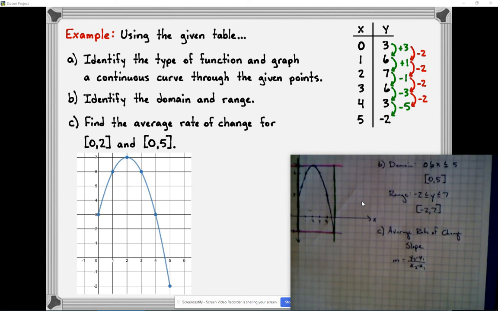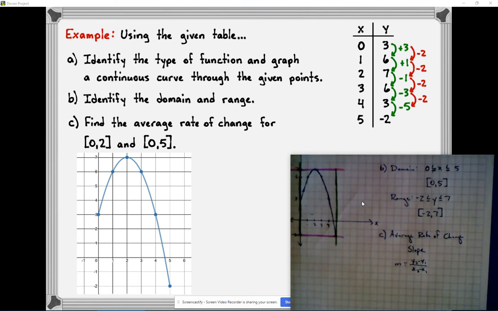Now notice, let's see here, it says find the average rate of change for 0 to 2 and 0 to 5. These are two different questions here. From 0 to 2, this is an interval. This is x values. And so what I'm going to do here is create coordinates.